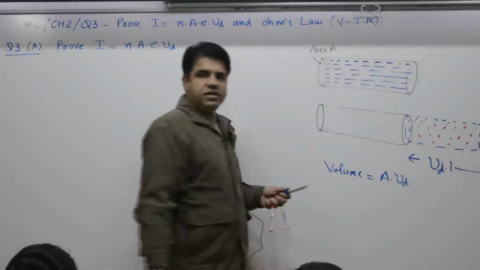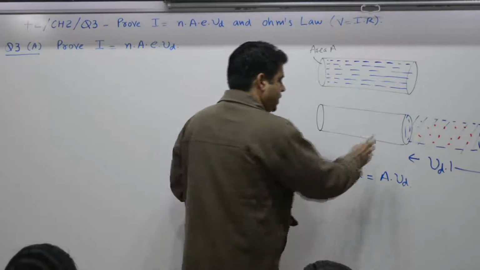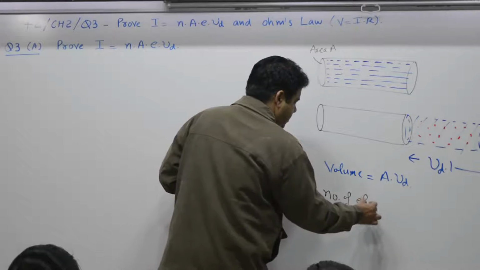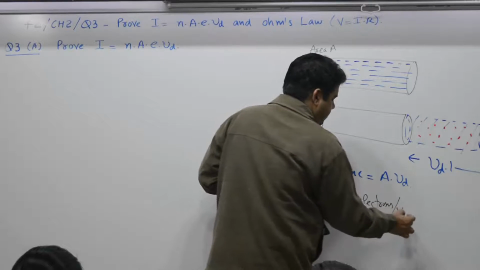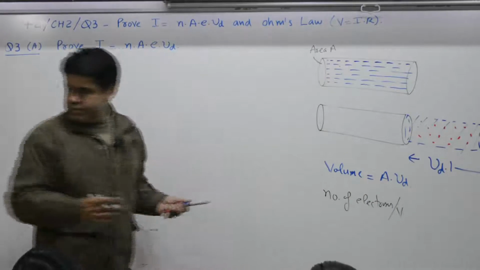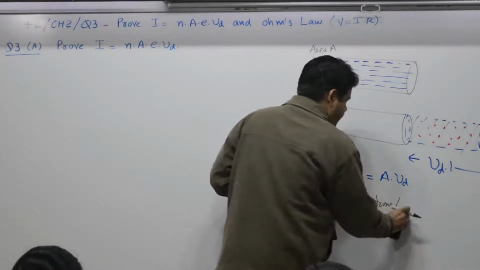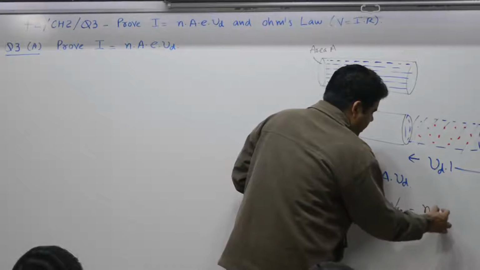How many electrons are there? 1000. So the number of electrons coming out per second is equal to what? nAeVd.